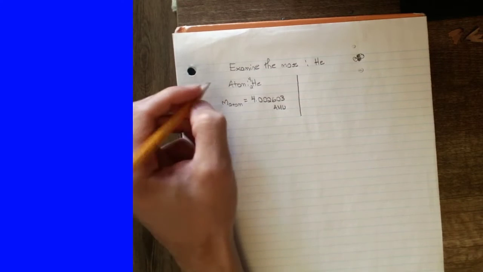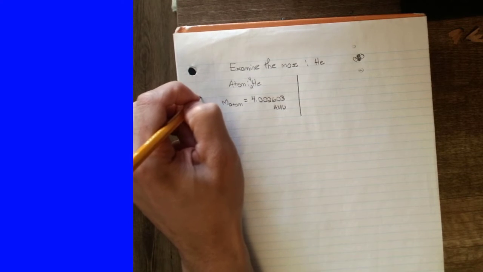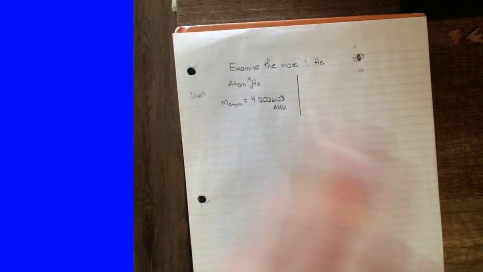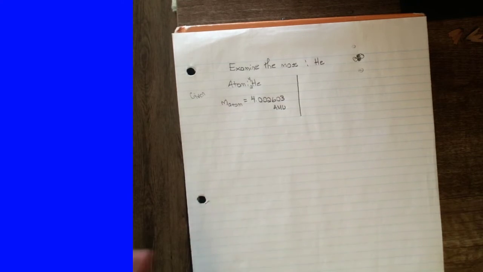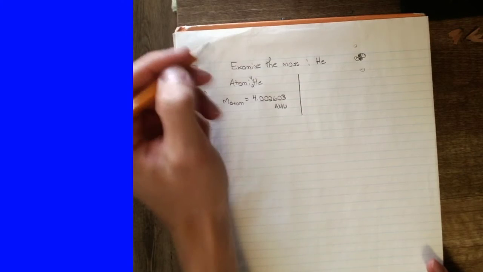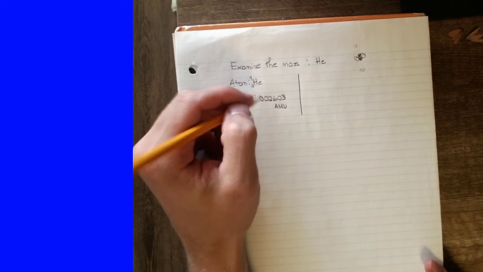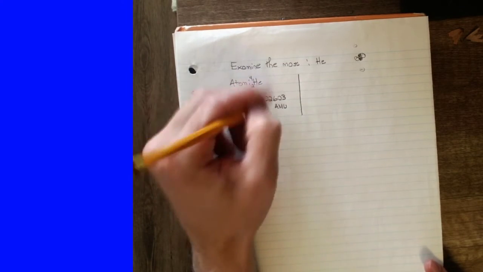And this is given. This is experimentally verified for a very long time before the 1900s. And that particular mass has been found for many atoms, the mass of the atom itself. So that's the one thing we want to look at.